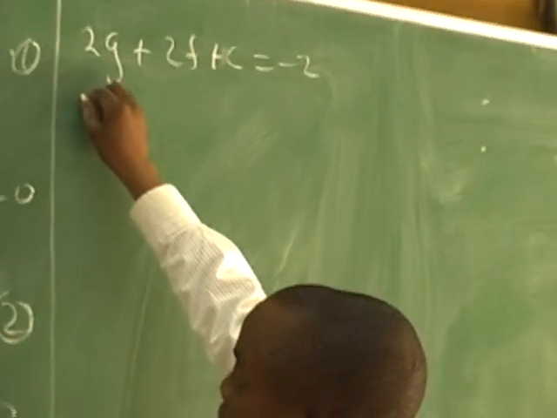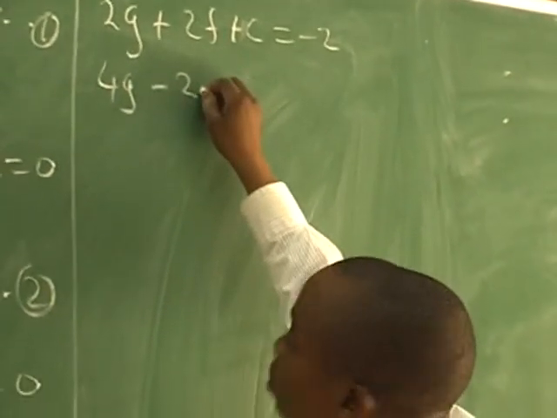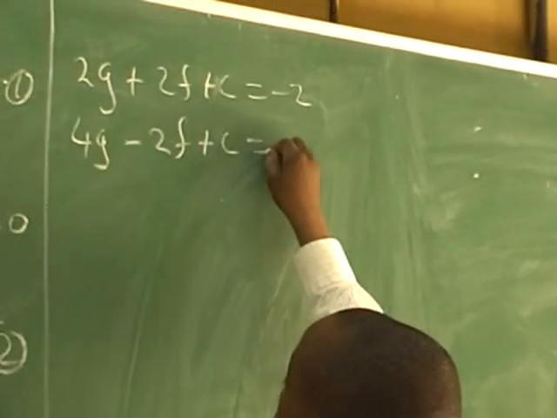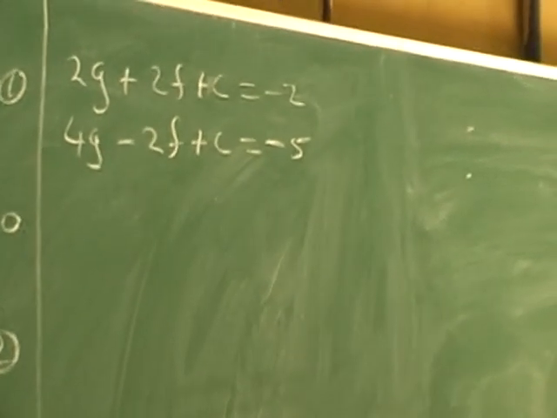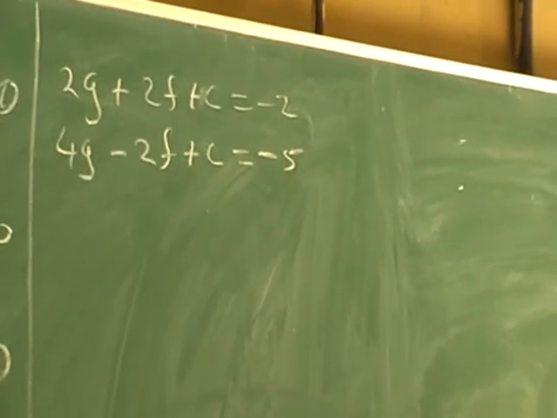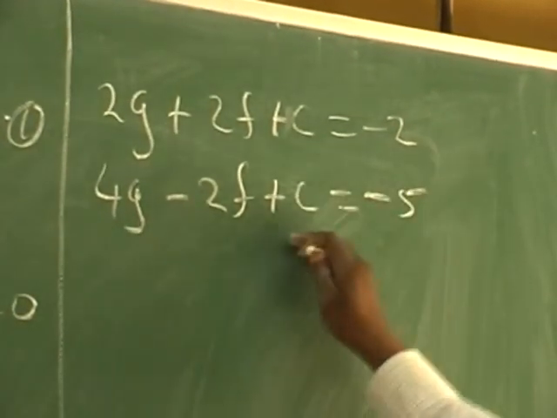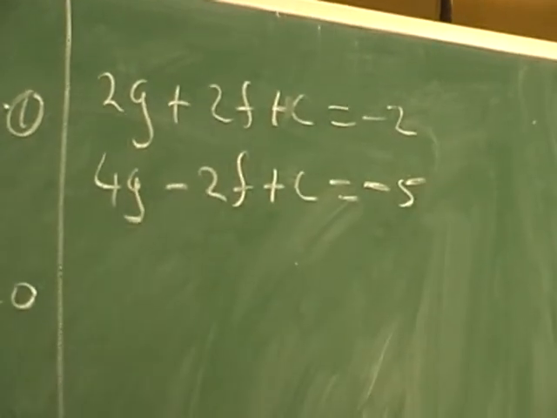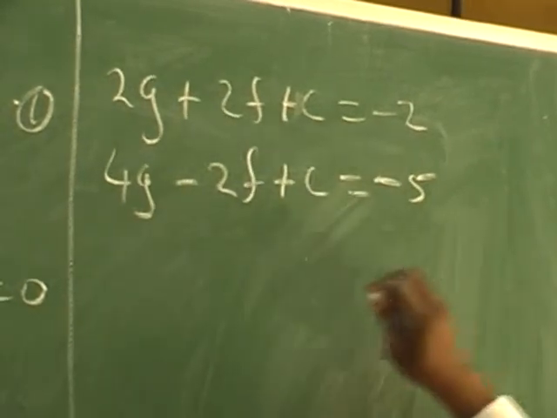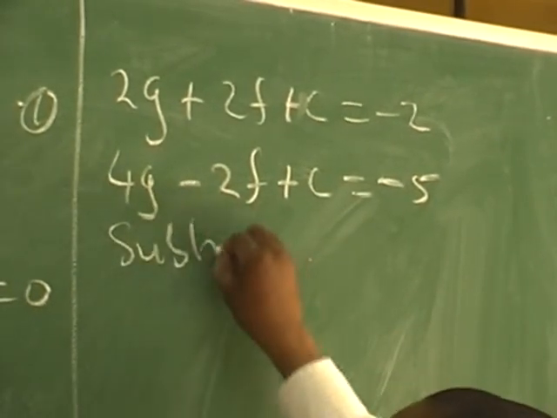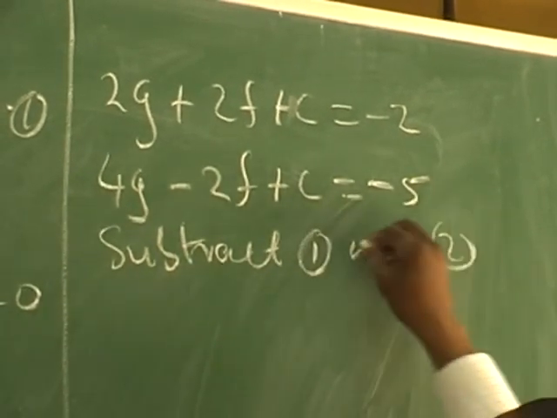And we also have for equation 2 that 4g minus 2f plus c is equal to minus 5. Now, what we are going to do now is to eliminate c. So for us to eliminate one thing here, we must subtract. We subtract equation 1 and 2.